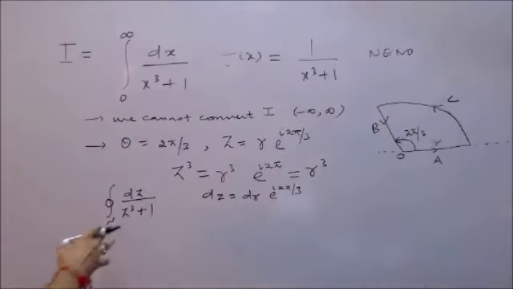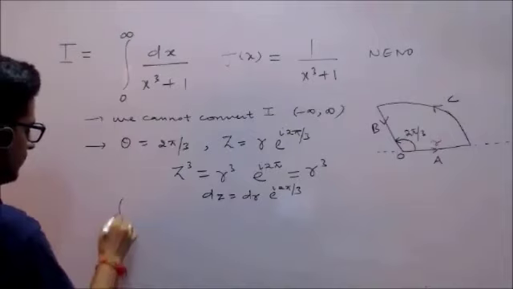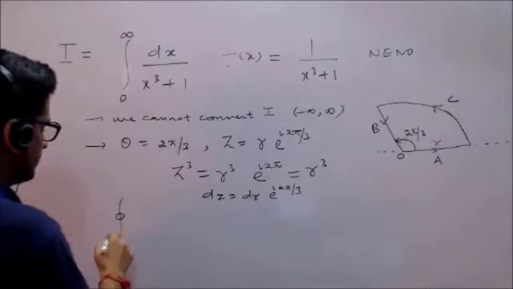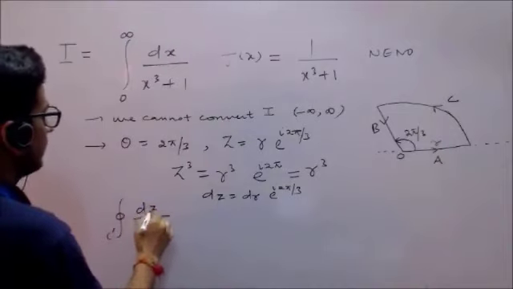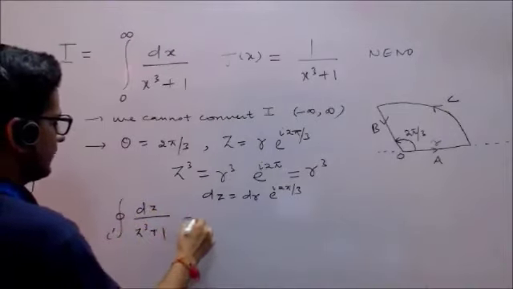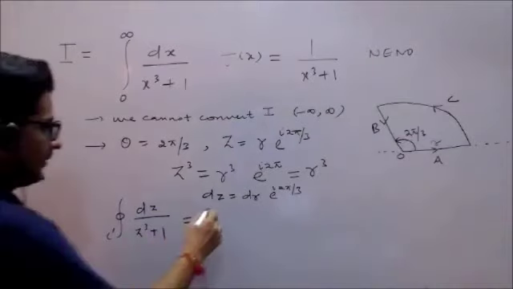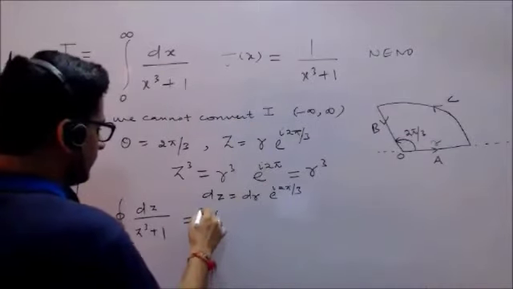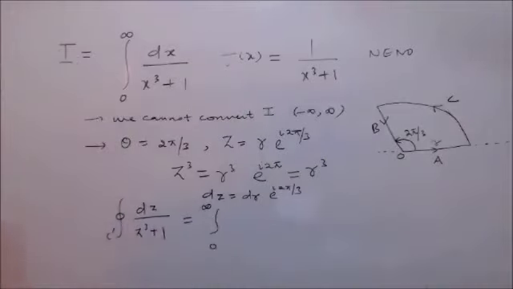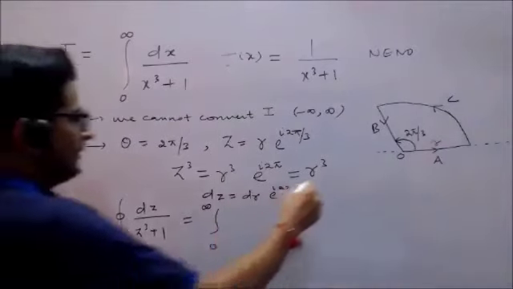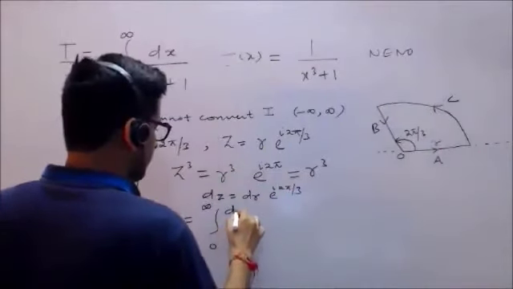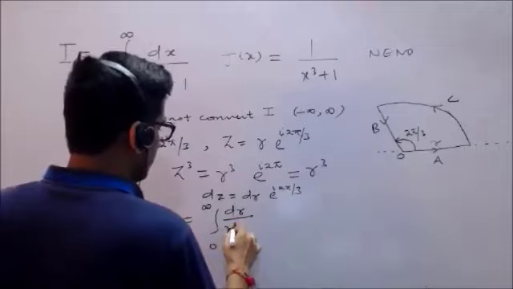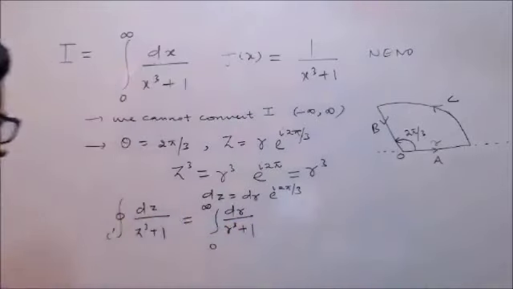Now write how this whole contour C dash will look. The integral of dz by z cube plus 1 will look like this: 0 to r, so let me put r tending towards infinity, so 0 to infinity, of dr over r cube plus 1, which is the value of the integral that we wanted to calculate.